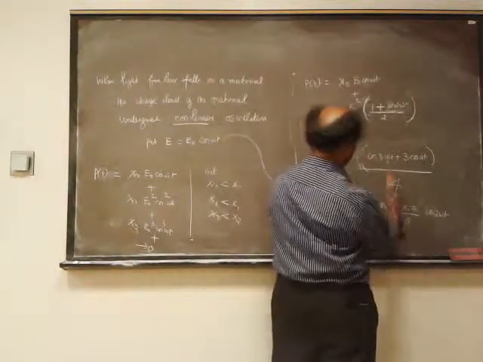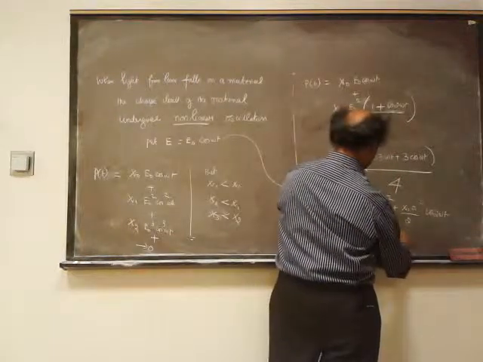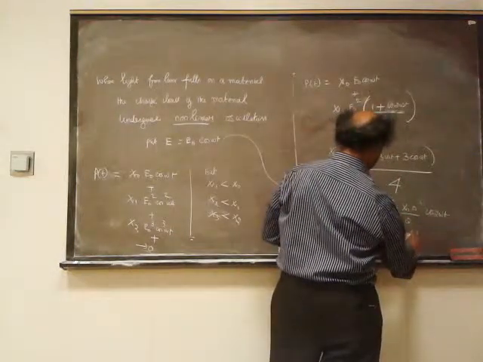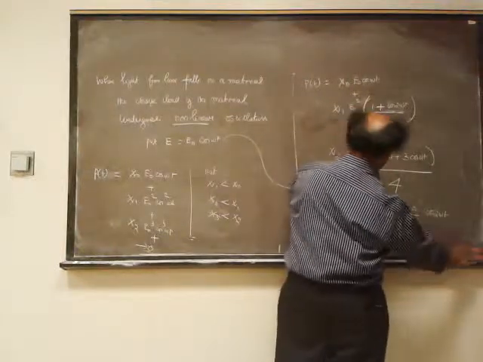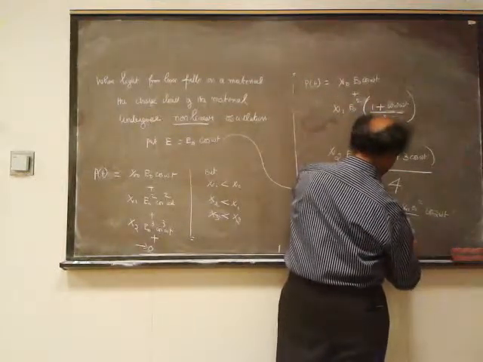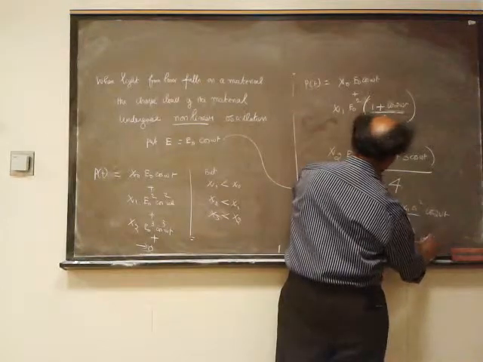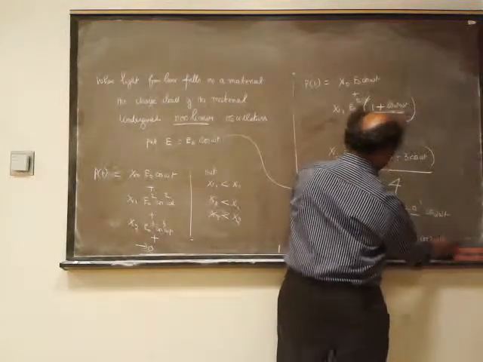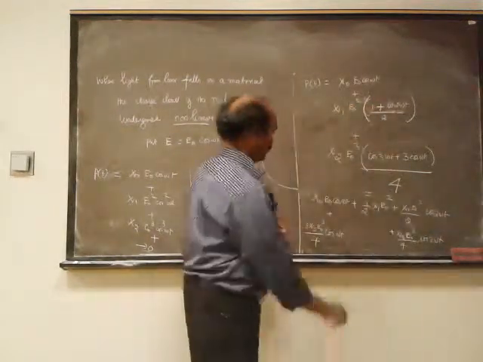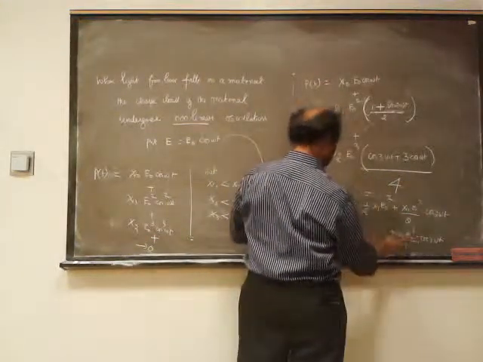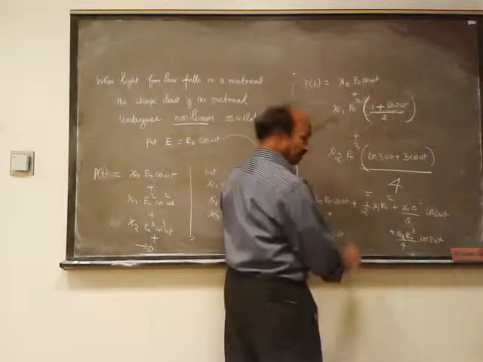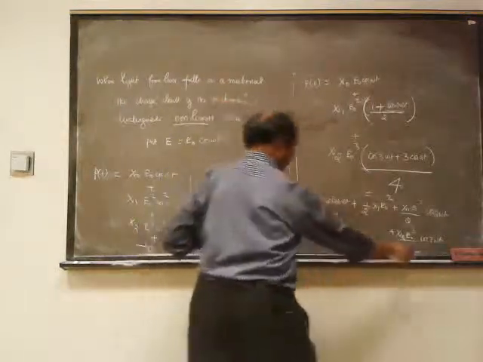Then plus I have here chi 2 E naught cube over 4 cos 3 omega t. So look at it: 1, 2, 3, 4, 5 terms. Now I add all this together.